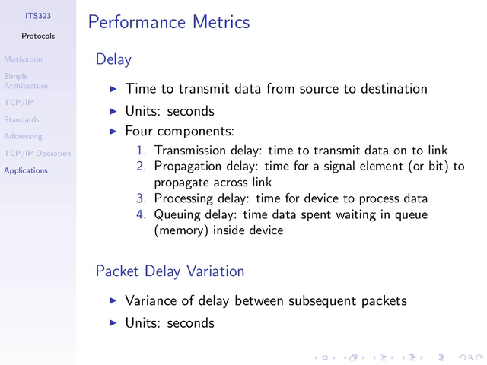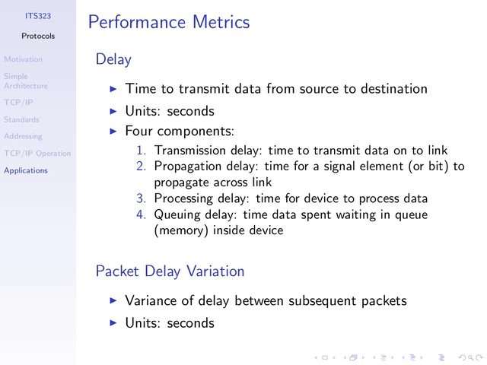Transmission delay: how long does it take to transmit all of the bits that you have to send onto the link? That depends upon the speed at which you can transmit, the data rate of your link, and how many bits you want to transmit.